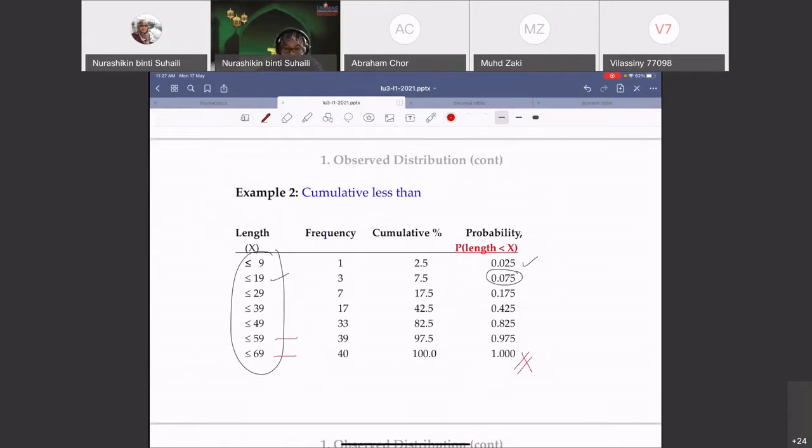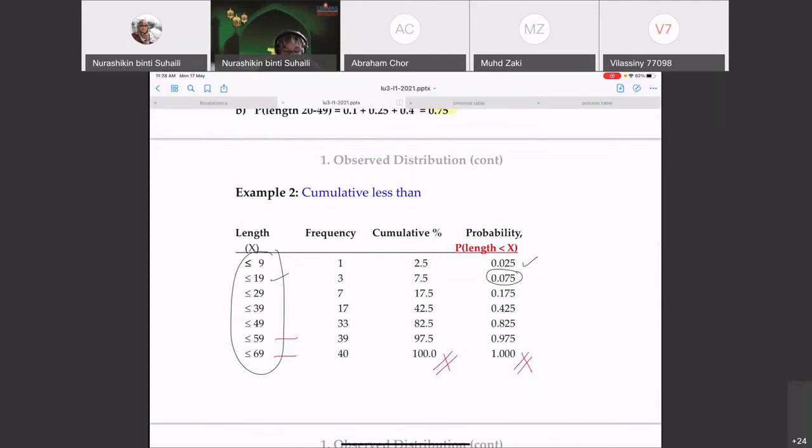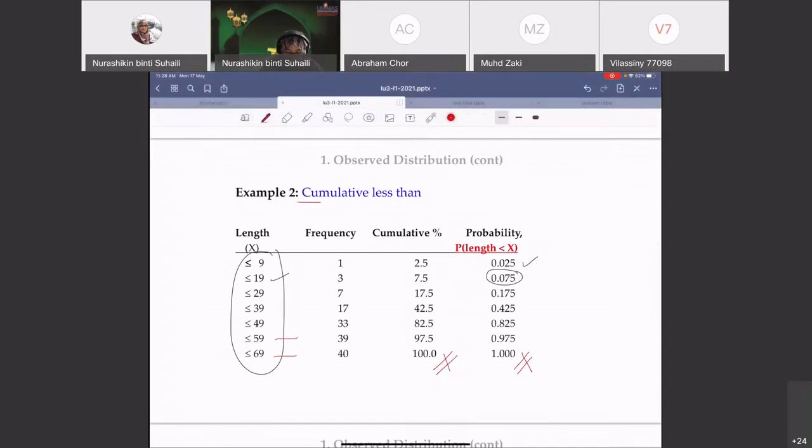If you got 1 point something, there must be something wrong in the calculation, because the total at the end should be 100%, or 1 in decimal. So if you got 1.3 or 1.2, there's something wrong that you have to find out in the middle of your calculation. So this is what we call cumulative less than.